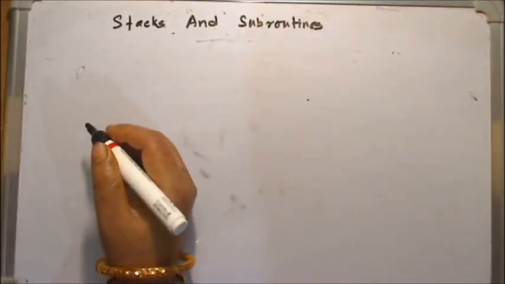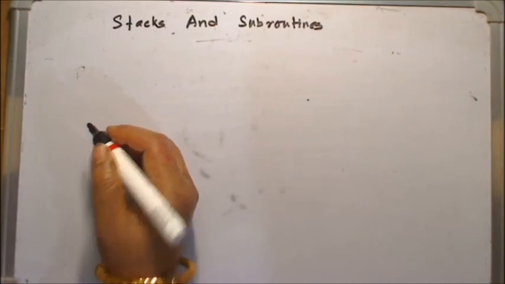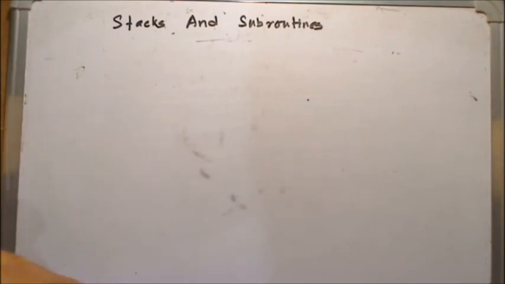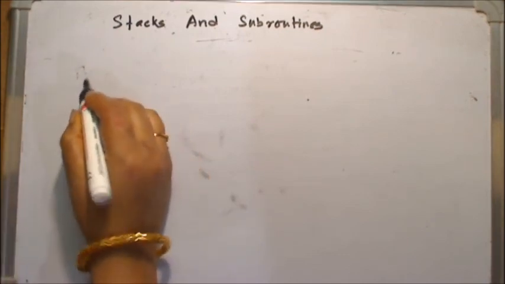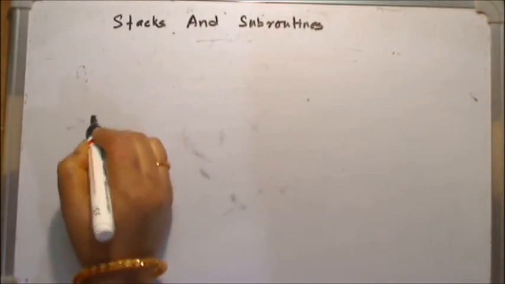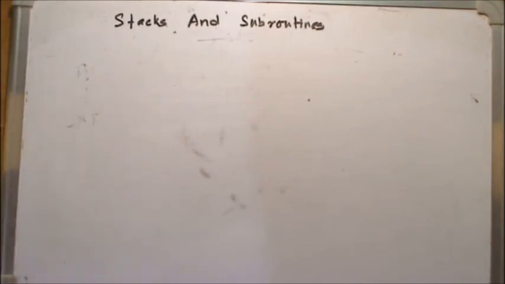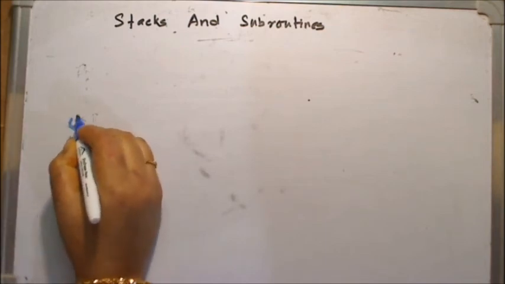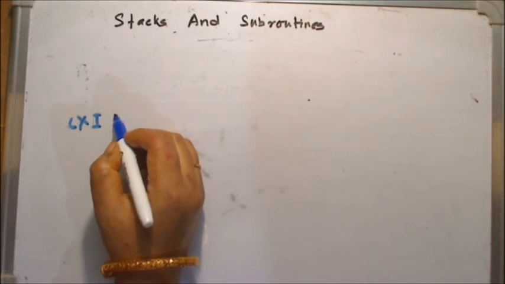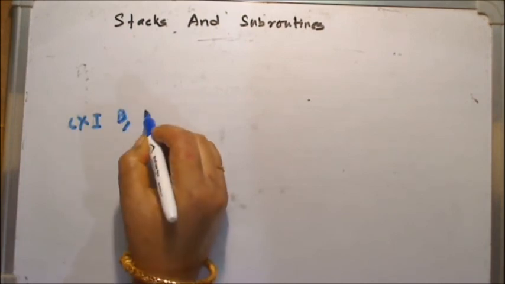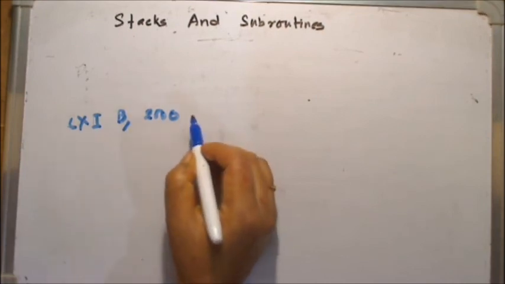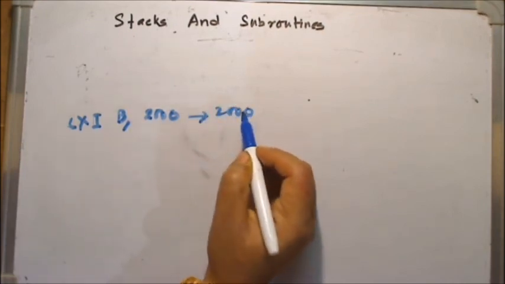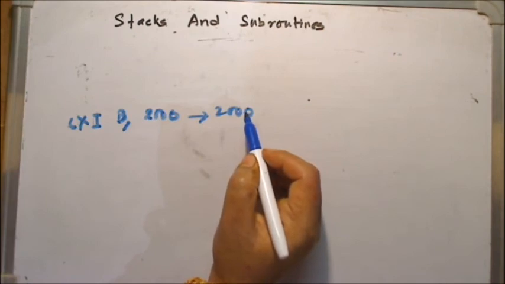Now I teach you passing parameters using the stack, which we skipped. This is your main program. You have written LXI B, 2000H. This 2000H is the parameter that I want to pass.